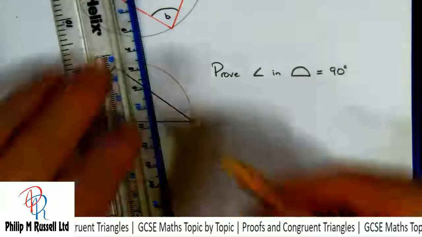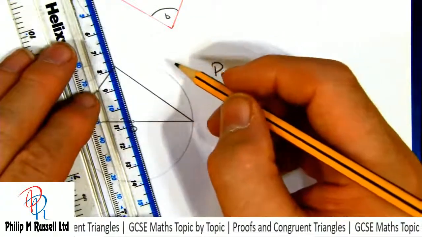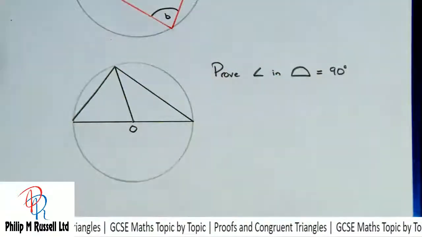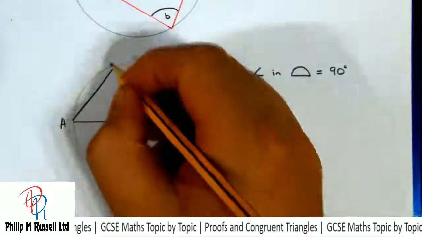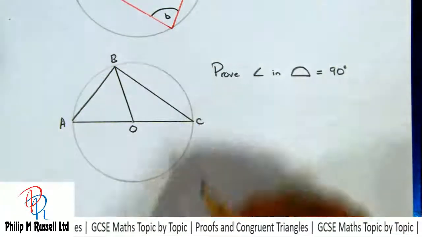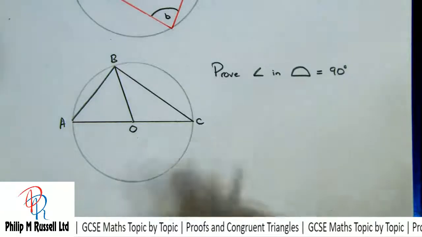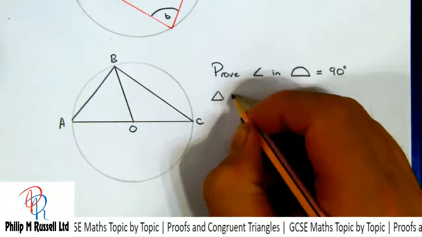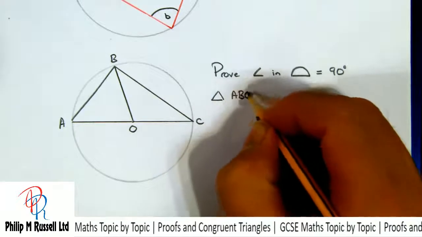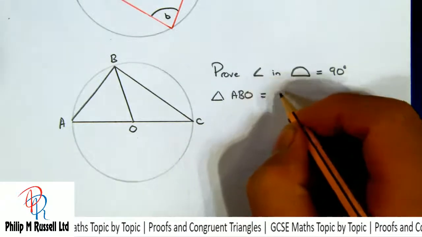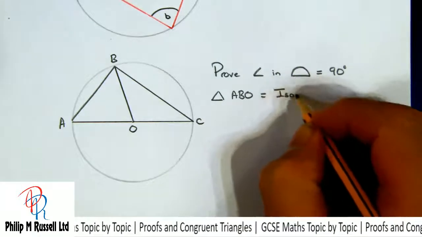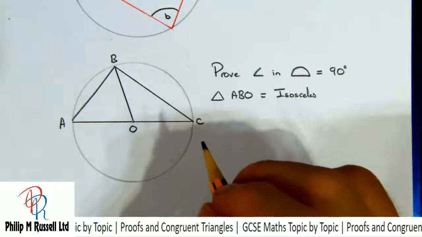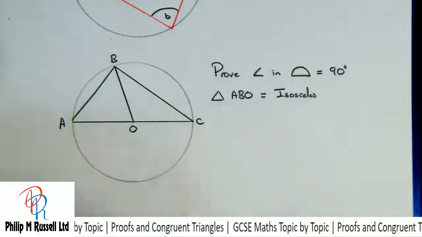Let's help ourselves by drawing in an extra line. And we're going to label this A, B and C. Right, so what do I know? Well, I know that triangle ABO is isosceles. And how do we know it is an isosceles triangle?